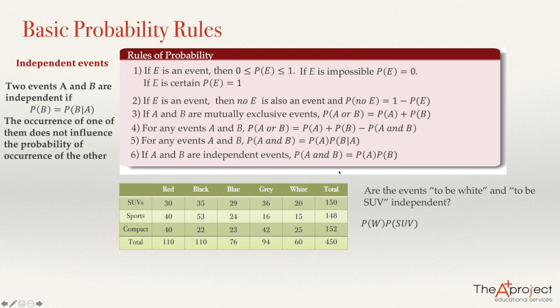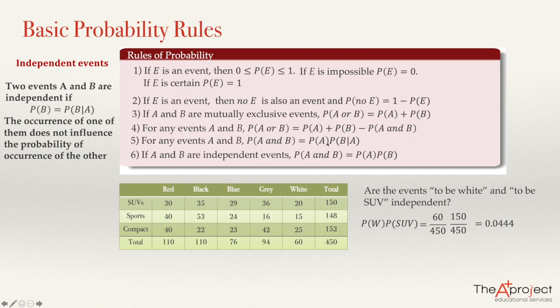Let's compute the probability of W times the probability of SUV. The probability of being white will be 60 over 450 times the probability of SUV, which is 150 over 450. And if you compute this in your calculator, the answer is 0.0444.